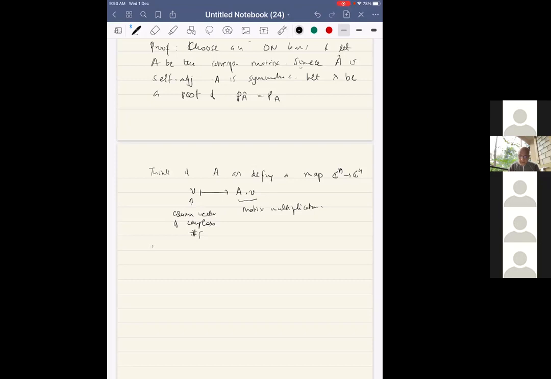Now, if lambda is a root of P A, the kernel of the map lambda I, C^n to C^n, minus A is non-zero.